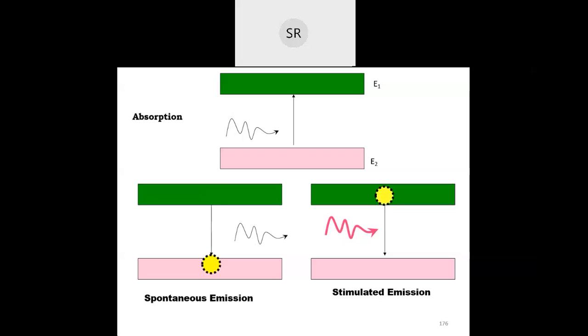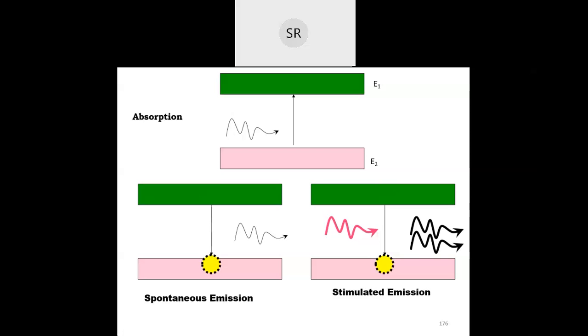It was excited, and now it comes back here, so we get the light. It emits a photon of the same frequency. That's why the action is called stimulated emission. Here, it stimulates the incident light by emitting a photon of exactly the same frequency.